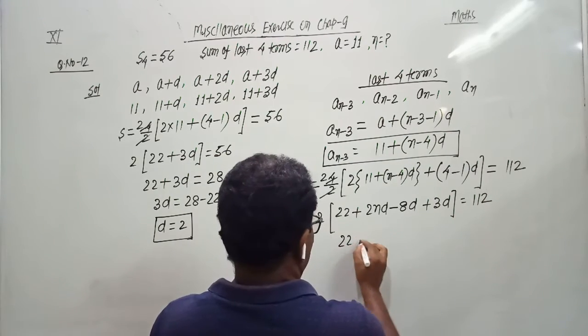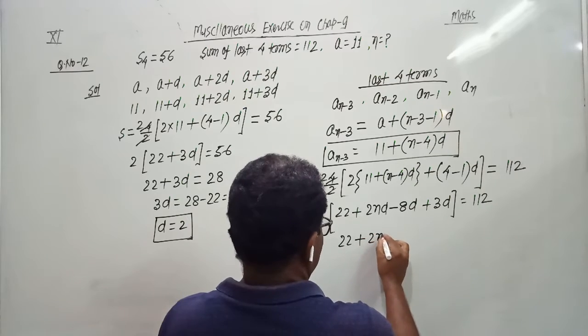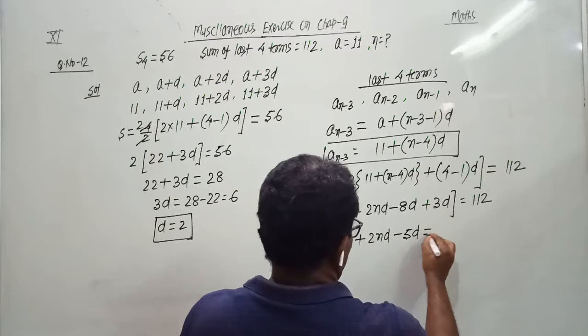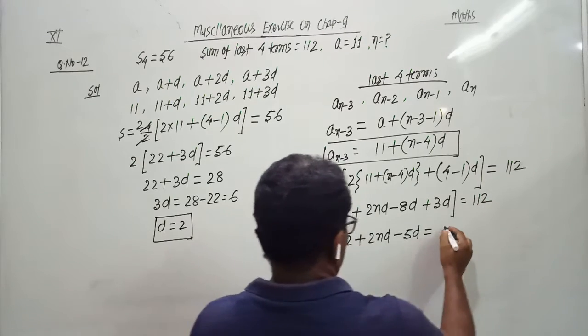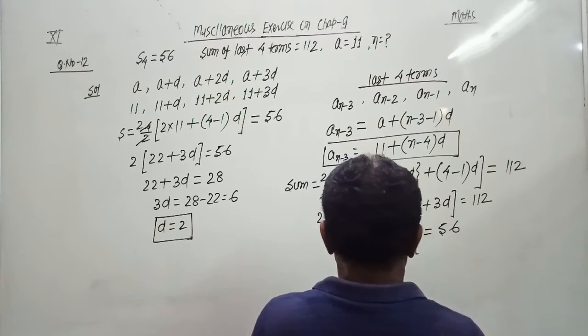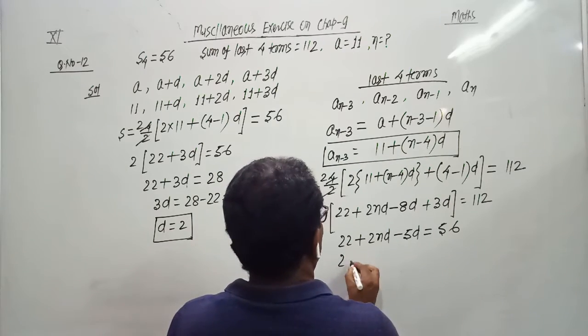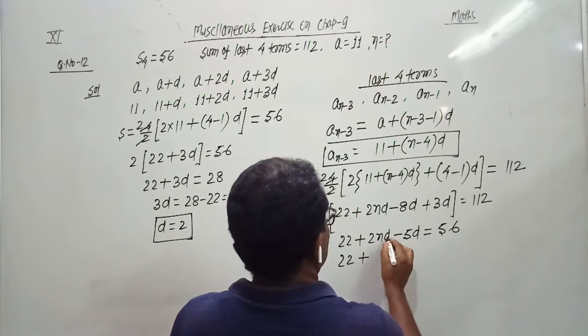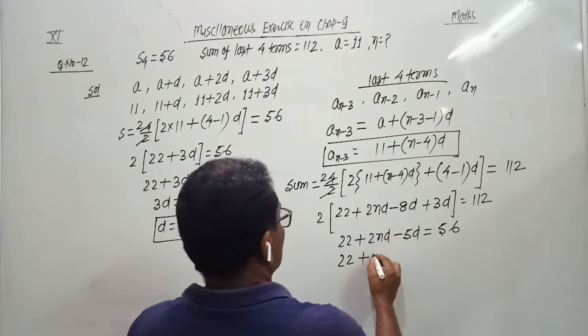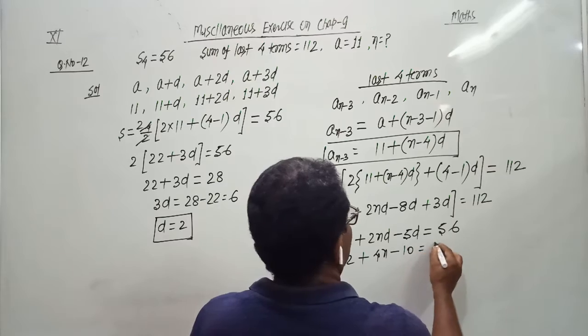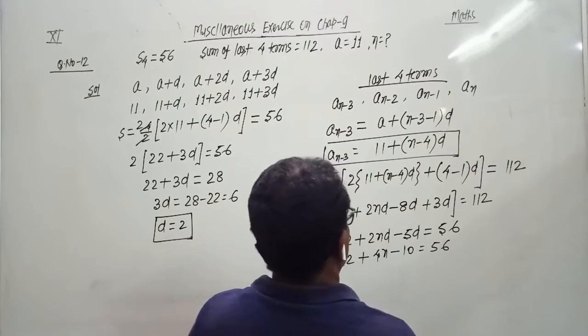So 22 plus 2n minus 5d equals 112 divided by 2, which is 56. Now put the value of d. The value of d is 2. So 22 plus 2n minus 5 into 2, 10, equals 56.